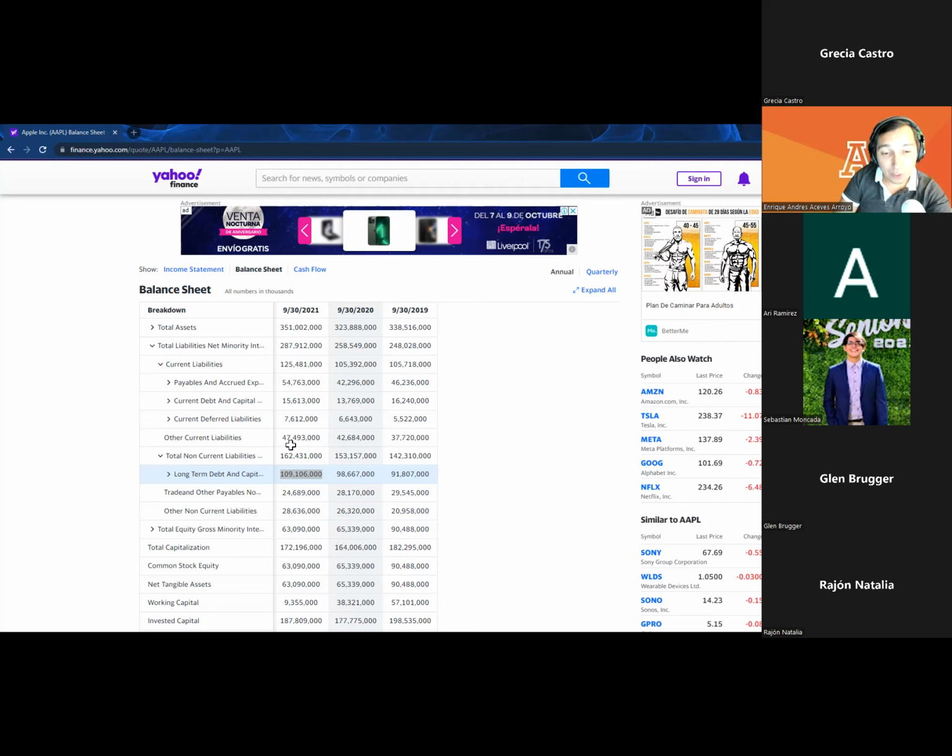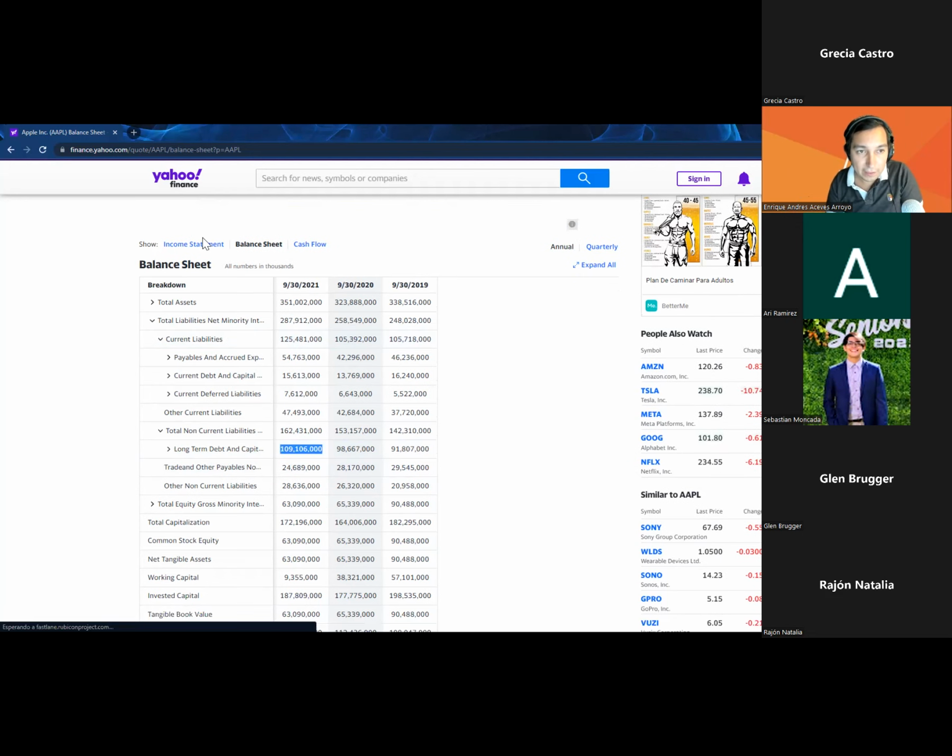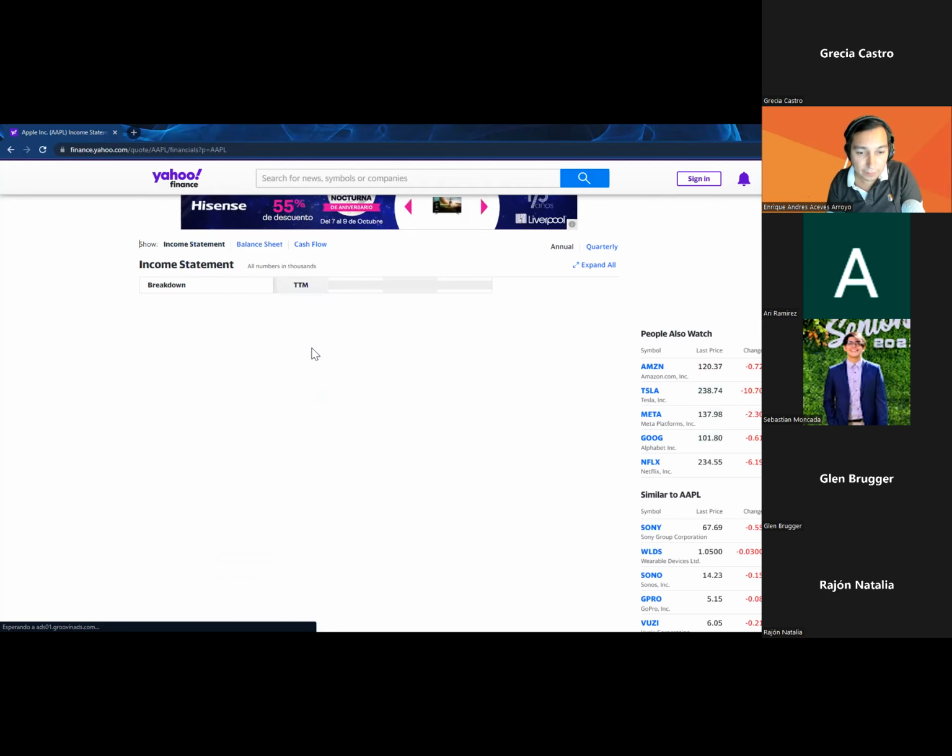So how can we decrease or subtract that effect from our average interest rate that we just measured, the 2.23? Well, you go to the income statement of Apple.